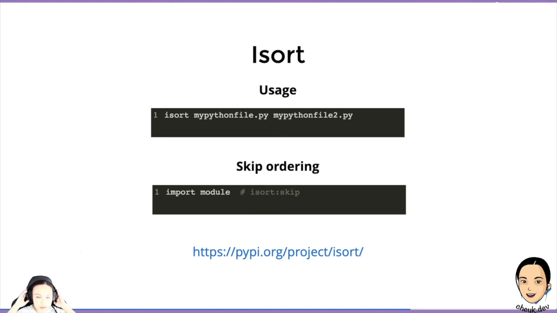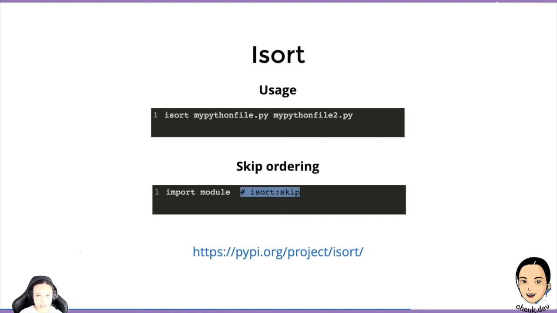So I have to have an import in the middle of the code. If isort sorts this for me, it will take this import and put it at the top. But when it's put at the top, for some reason, when setup.py runs, it would just have an error. So I don't want isort to touch it. So I have to do the isort skip here.